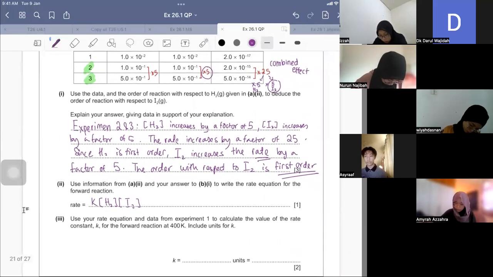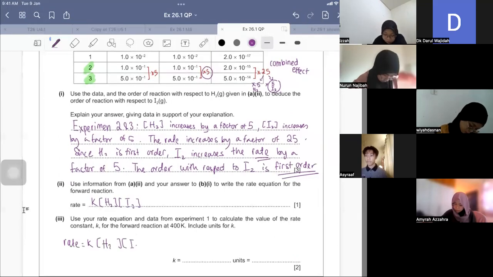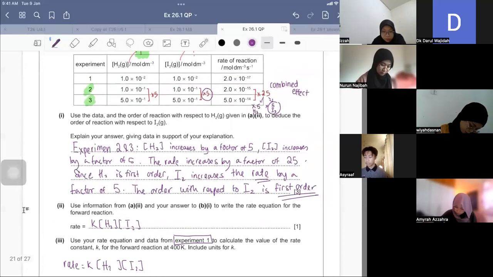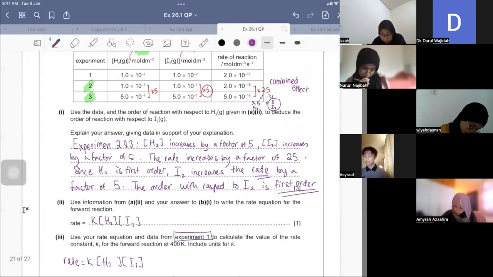Use your rate equation and data from experiment 1 to calculate the value of the rate constant. This is also something that you should already be comfortable doing. They want you to use experiment 1. Actually, if you use experiment 1, experiment 2, or experiment 3, you will still get the same K because K is rate constant, but you must follow the instruction.